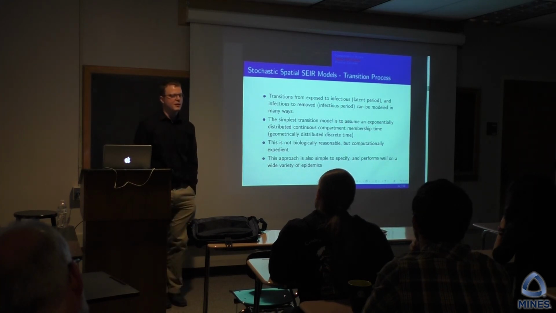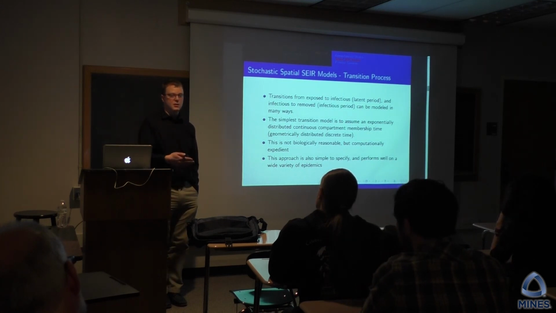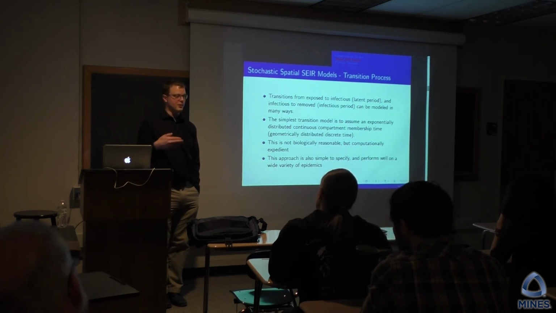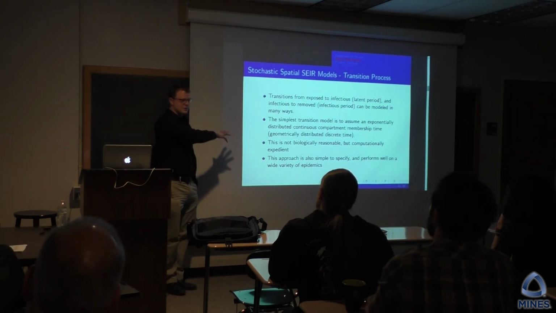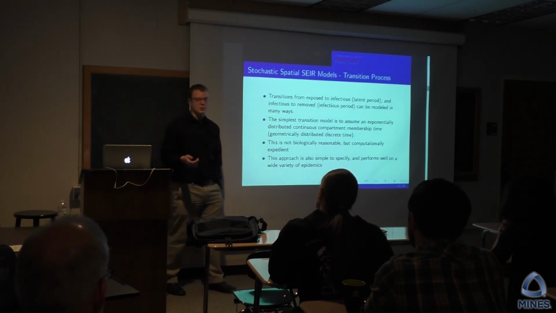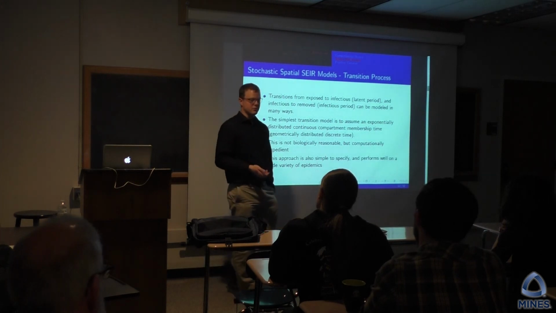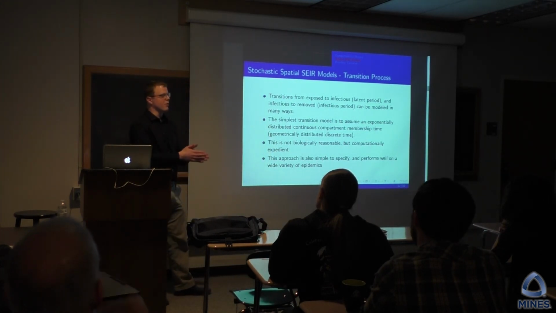And if you think about that, it's sort of unreasonable because it means that no matter how long an individual has stayed in a particular disease state, their probability of transitioning is exactly the same. So it induces on this discrete scale a geometric distribution on the compartment membership times, which is completely unrealistic for biological problems. If you read clinical literature about diseases, they'll often state that individuals remain in the disease state for A to B days.